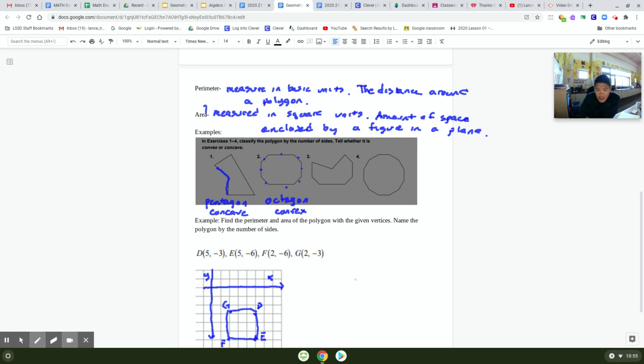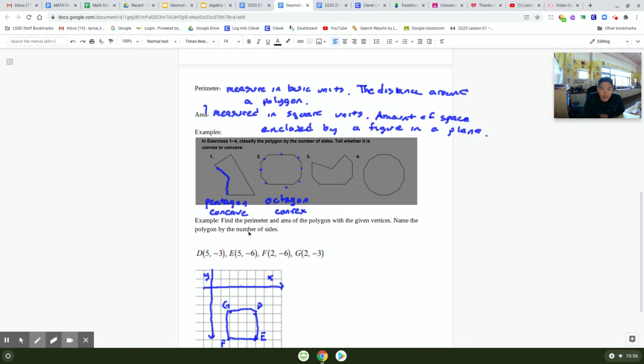I can't name it something like quadrilateral GEFD, because if I go from point G to E, that's not a side of the quadrilateral. It's what's called a diagonal. So again, you can't name it something like GEFD because that doesn't trace out the quadrilateral.